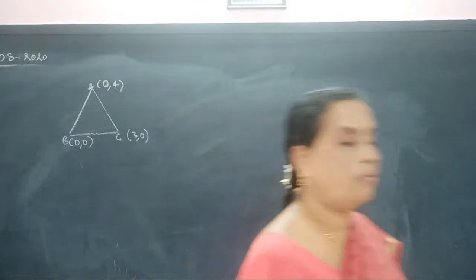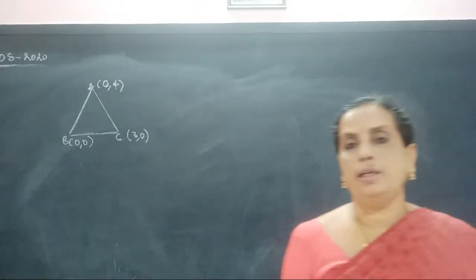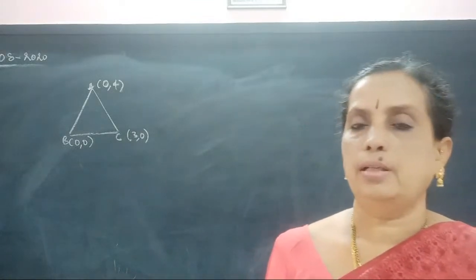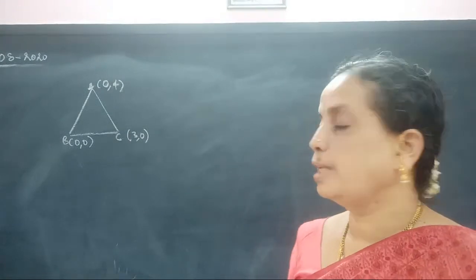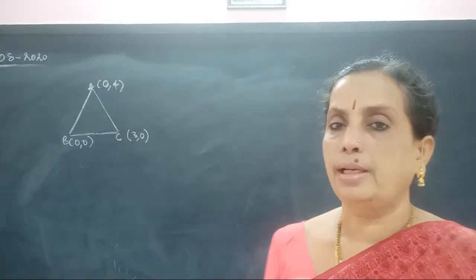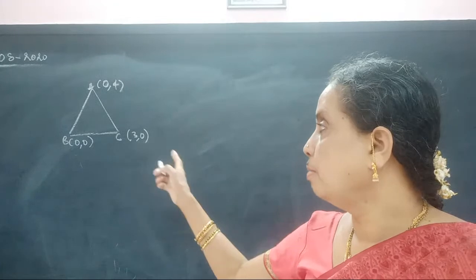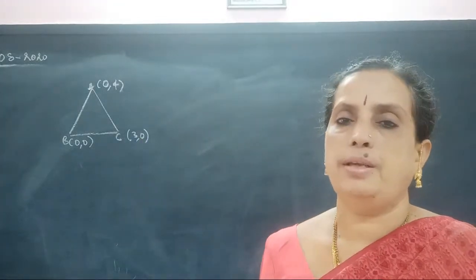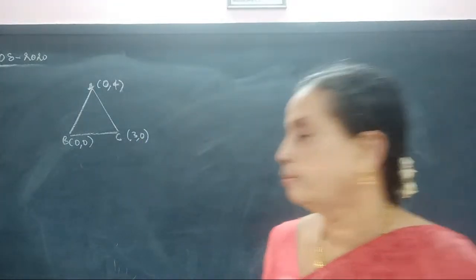The question is, find the perimeter of the triangle. That means using the distance formula, calculate AB, BC and CA. Okay?